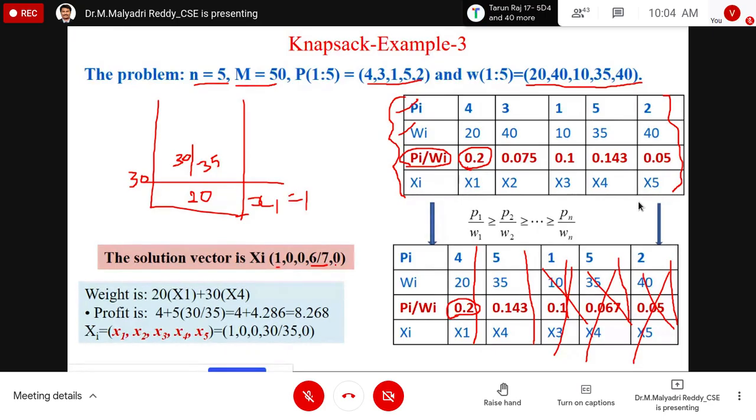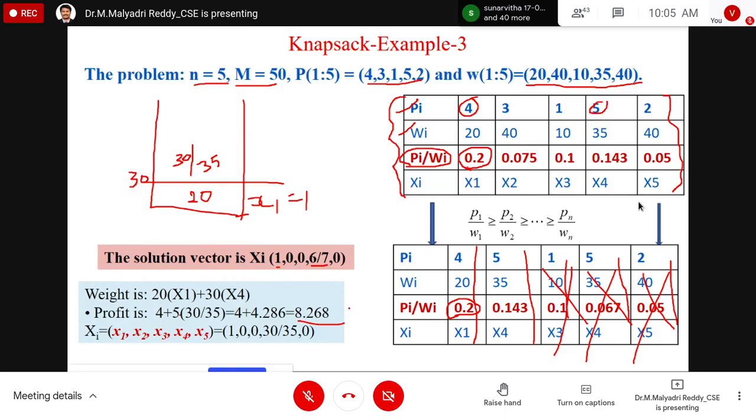This is 20 units from x1, 30 units from x4, right? Yes, sir. So what is the maximum profit? From x1, 4 is the profit. From x4, 5 times 30/35. Final total, how much do you get? 8.268.